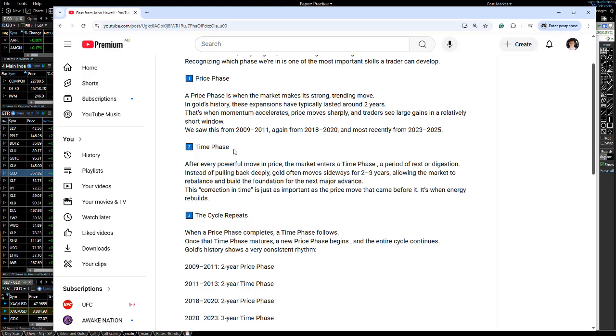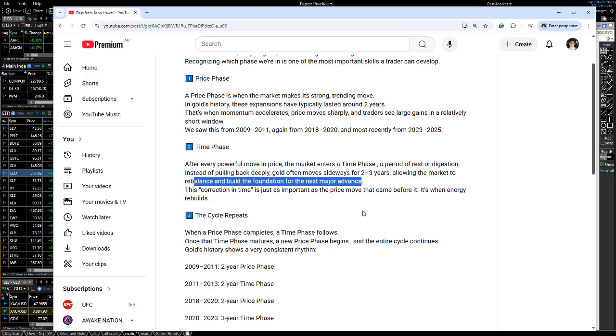So the time phase is what I call the energy building phase. After every powerful move in price, the market enters a time phase, a period of rest and digestion. Instead of a deep pullback, gold often moves sideways for 2 to 3 years, allowing the market to rebalance and build its foundation for the next major move.